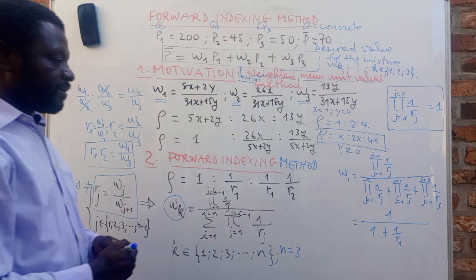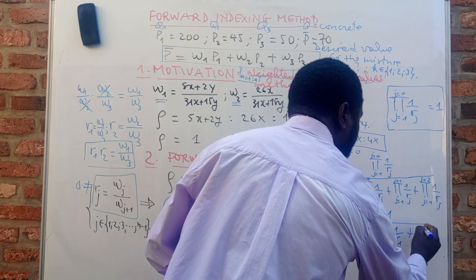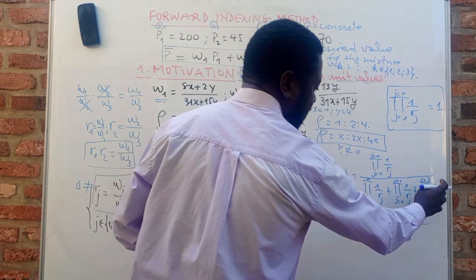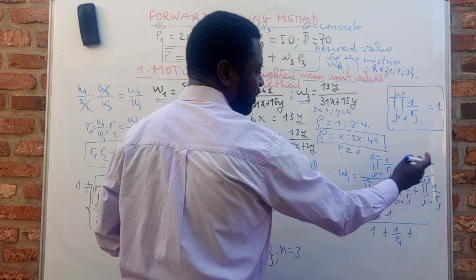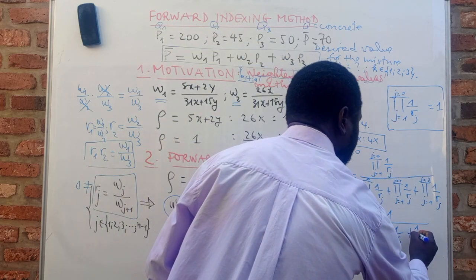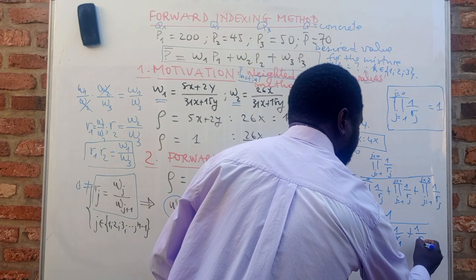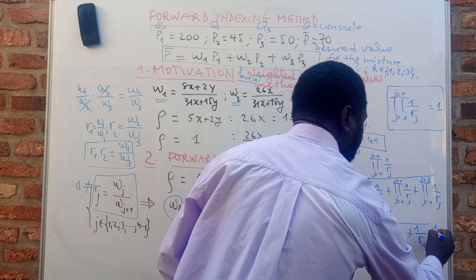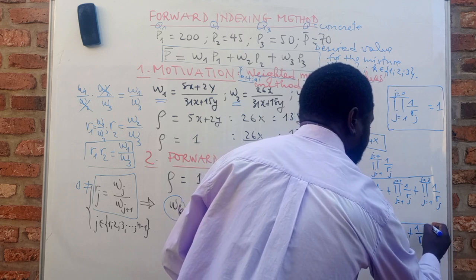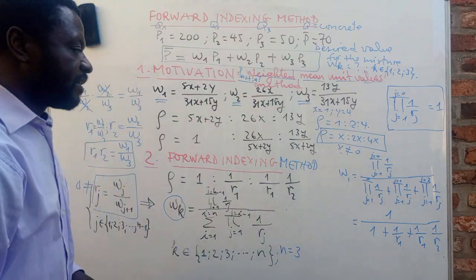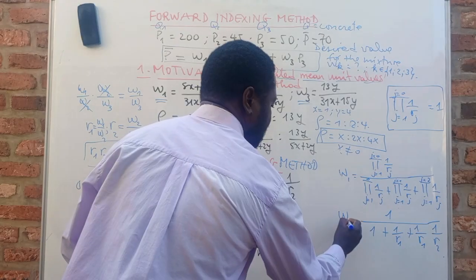Now we take the product from j equal 1 until 2, which means we have 1 over the first ratio times 1 over the second ratio, and this gives me the first weight.